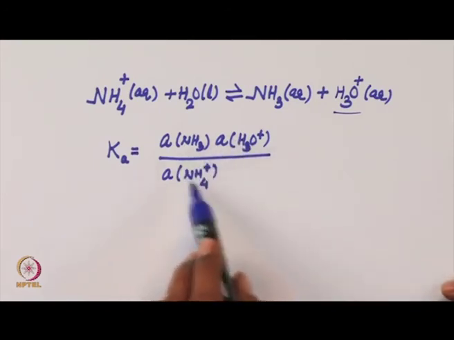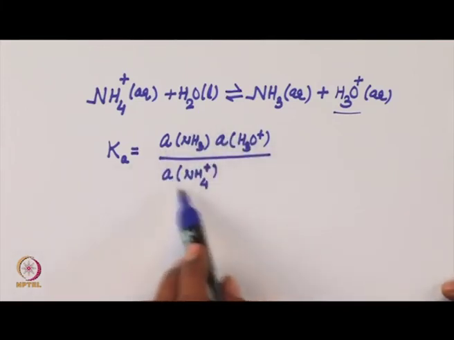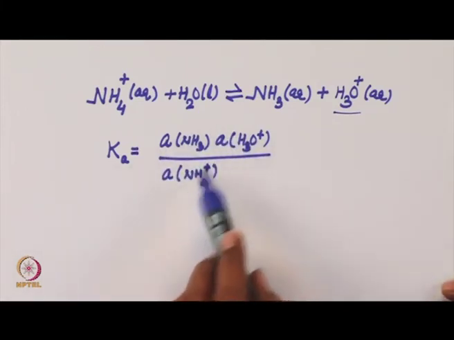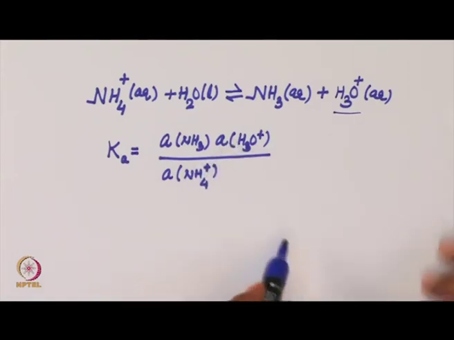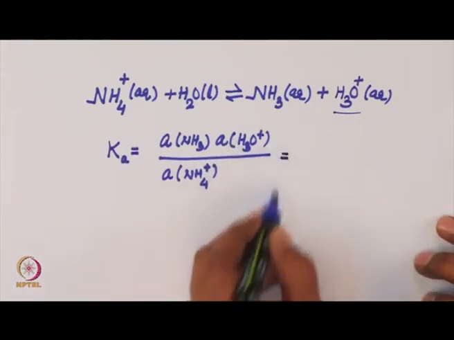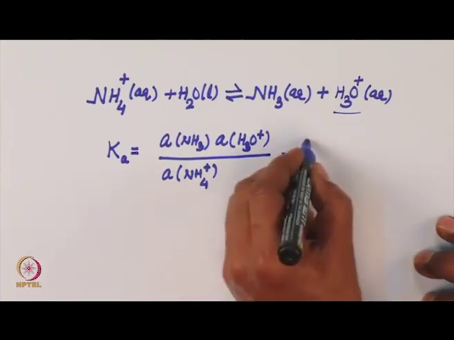So in this expression we don't need to consider the activity coefficient, assuming that the activity coefficients are the same for those. So I will write in terms of molality.